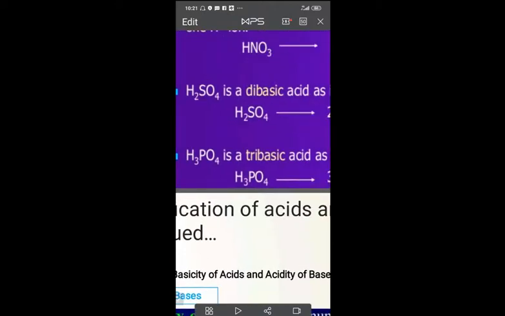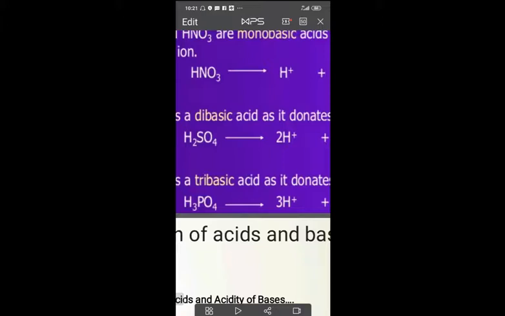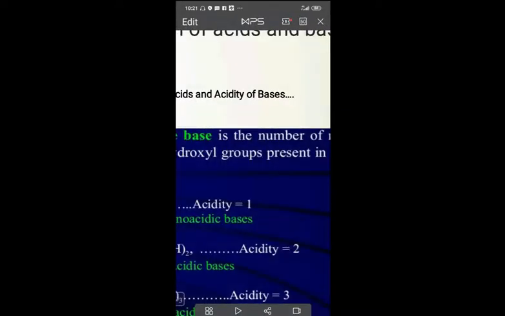H3PO4 is a tribasic acid. I am taking all this from Google, and your textbook also says so. Whether it is phosphoric or phosphorus, I will check the name and tell you. Don't worry about that.